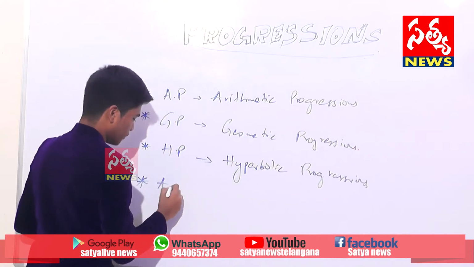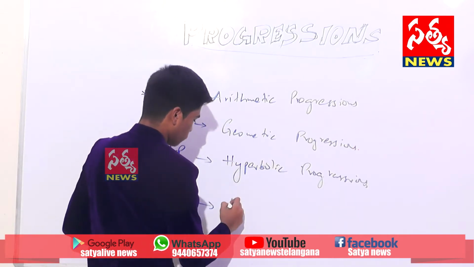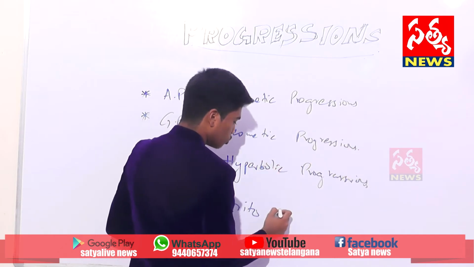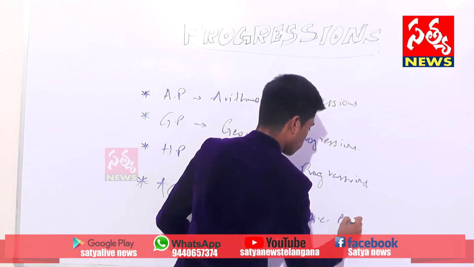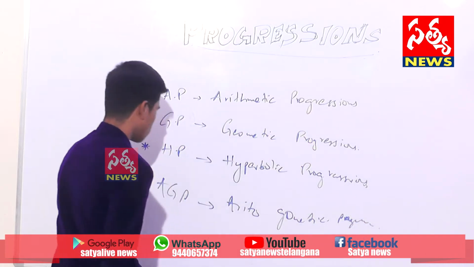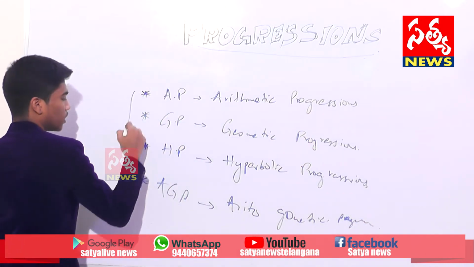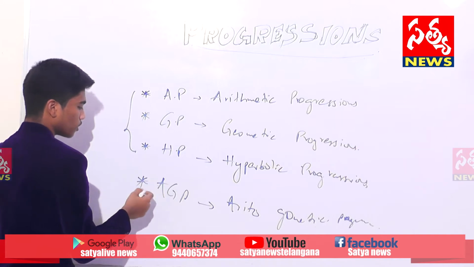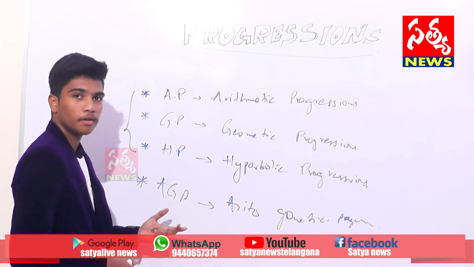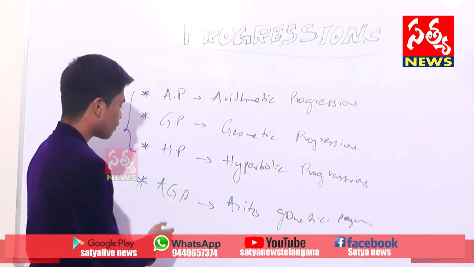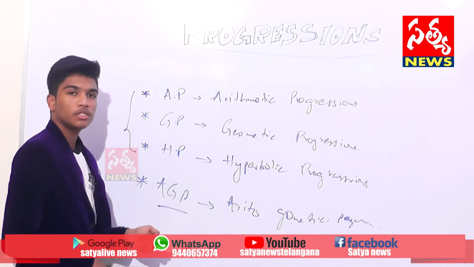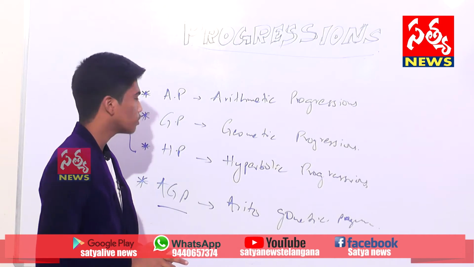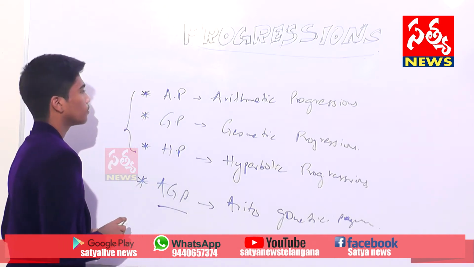And the last is AGP, arithmogeometric progression. These three are very important, and AGP is not that important, but you have to remember some formulas in it. All these progressions contain formulas which you have to remember.